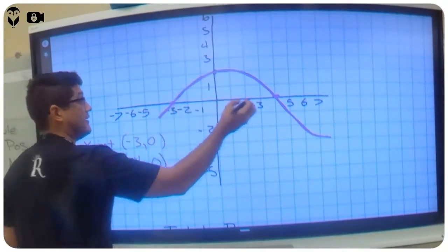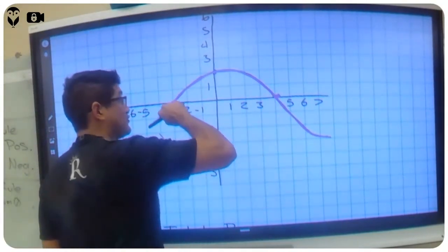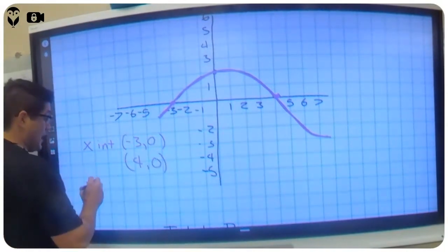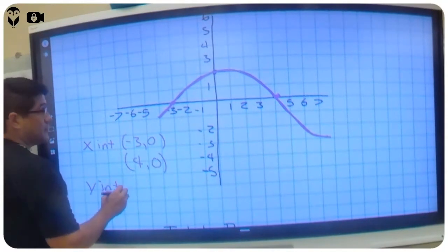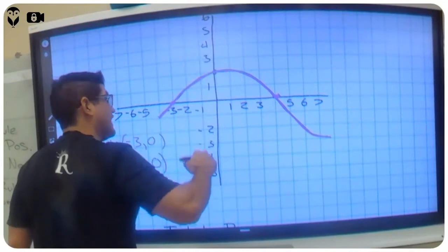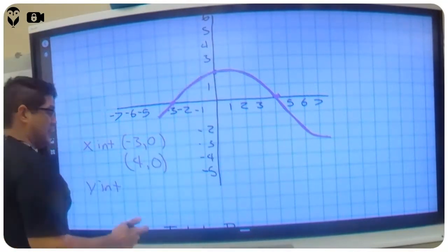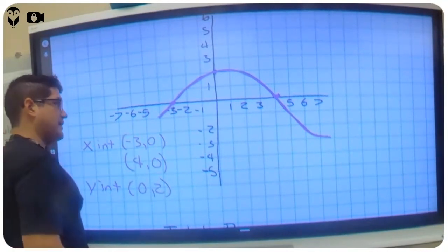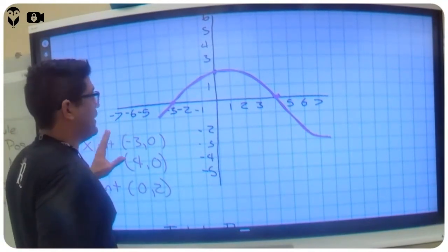So right here and right here is where this line intercepts the x line. Okay, what's the y-intercept? The y-intercept is where this purple line intersects this line, which is right there. So the answer for this one is (0, 2). So that's how you find the y-intercept.